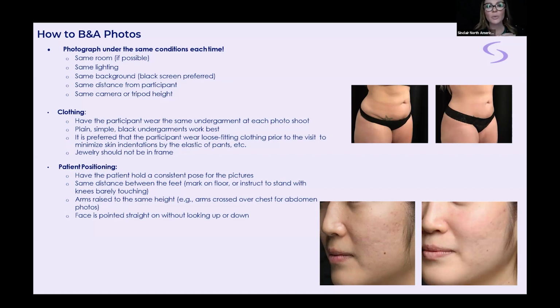Okay, same distance between the feet. Honestly, that before and after foot mat will help you so much, because you'll have the same distance every time. Or if you're going to mark the floor, just do one or the other, because you'll have the same exact distance. You won't have to worry about looking at the old photo: wait, you were standing a little closer, stand a little closer.